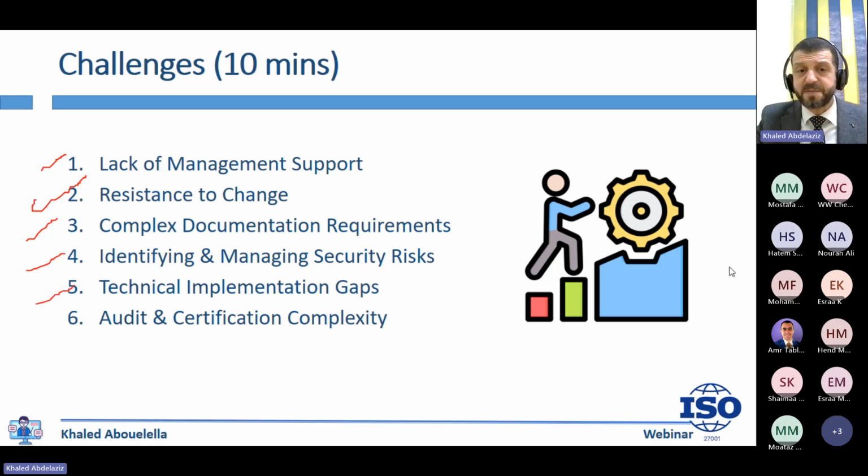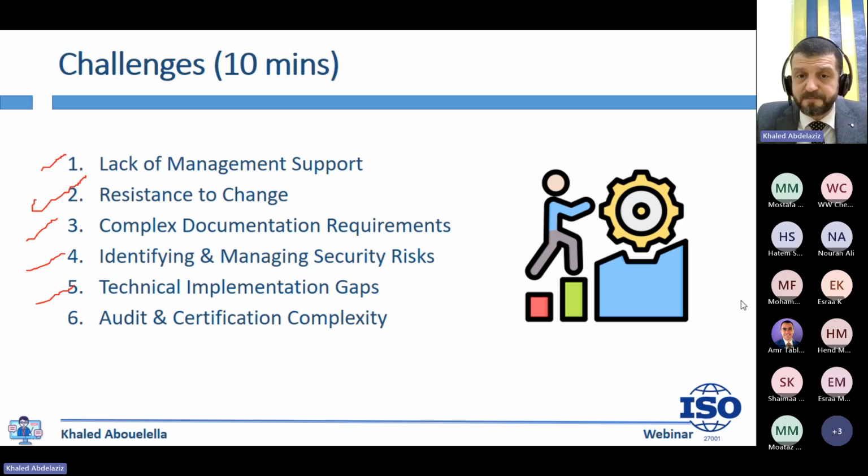Technical implementation gaps. Some organizations may not have the expertise to implement security controls such as firewalls, encryption, and so on. They may have a challenge integrating these controls into the existing infrastructure. To overcome this, you should start from the beginning with a comprehensive gap analysis, and you may need to invest in cybersecurity training.